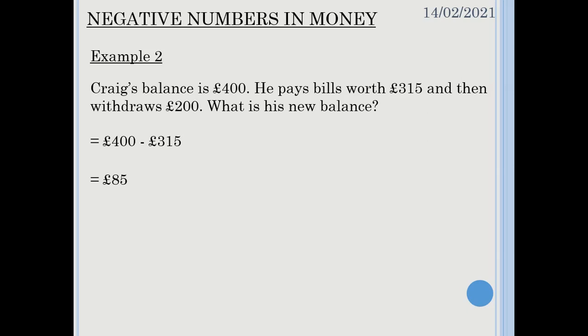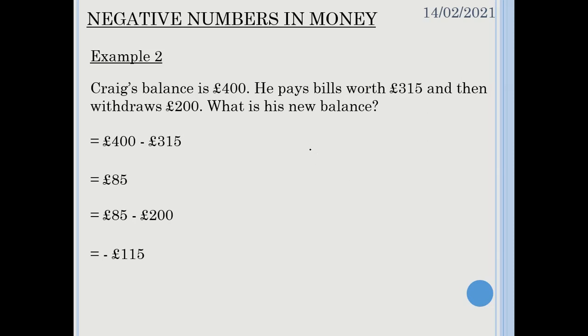He's then going to withdraw £200. So he takes out £200. And that leaves him negative £115.